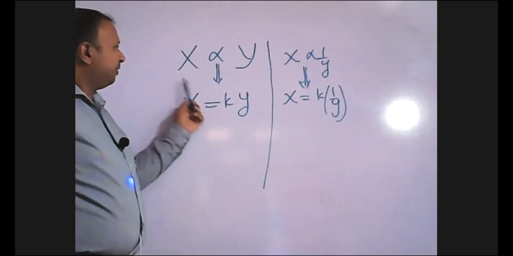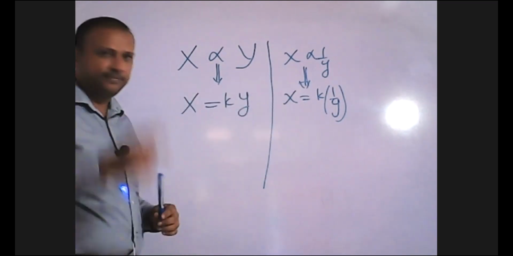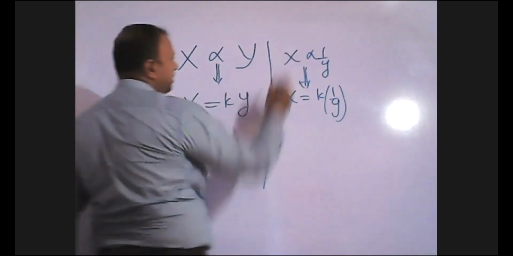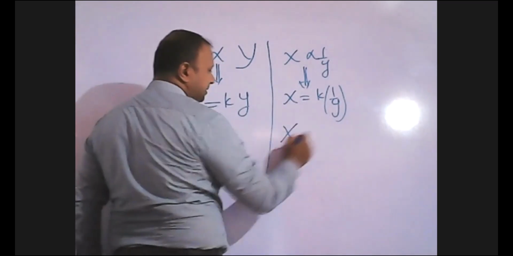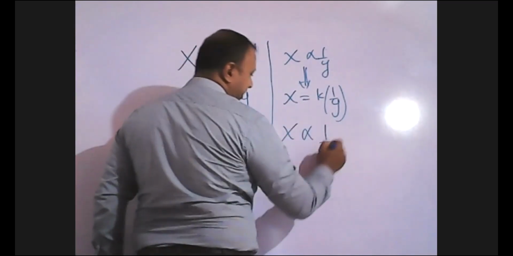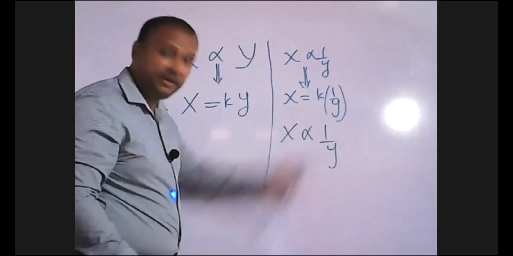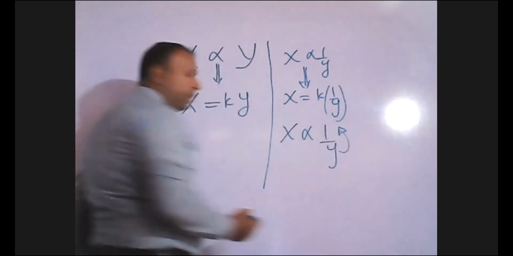Actually, these two relationships can be taken as one. Suppose x is indirectly proportional to y, meaning x is proportional to 1 over y. Then I can bring this y to the numerator.